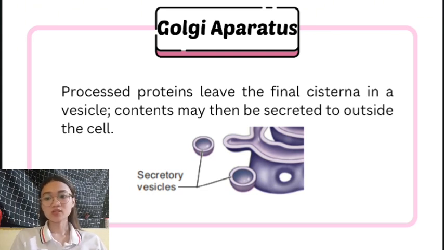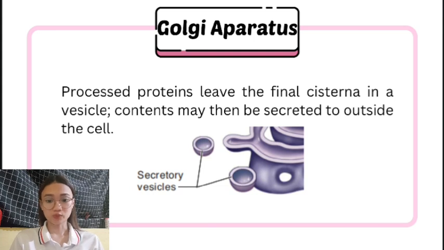So, once na makapasok na sila sa cisterna or cisternae, yung mga proteins ay magta-travel palabas ng cisterna at ang final destination nila is sa plasma membrane. At the plasma membrane, the vesicles release their contents outside the cell in a process called secretion. So, dito na sila mapupunta.